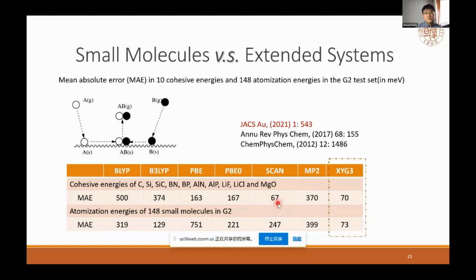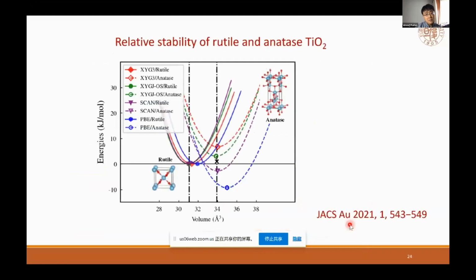The cohesive energy of solid systems is improved, but the accuracy for the molecular systems is still not good enough. And here is the performance of our functional XYG3, which provides equally good performance for both solids and molecules, showing great promise for being used in computational catalysis.